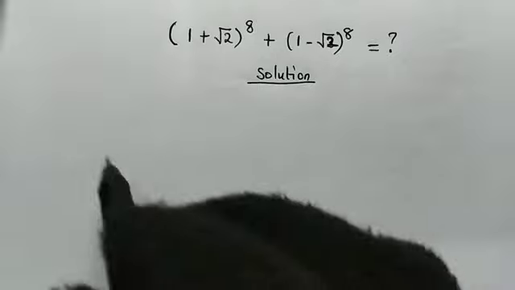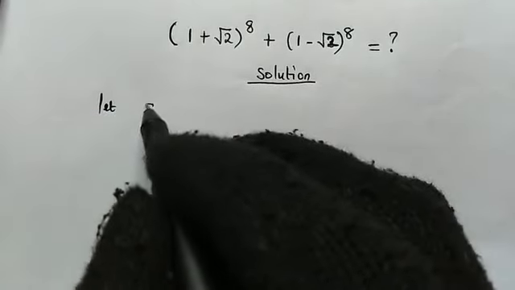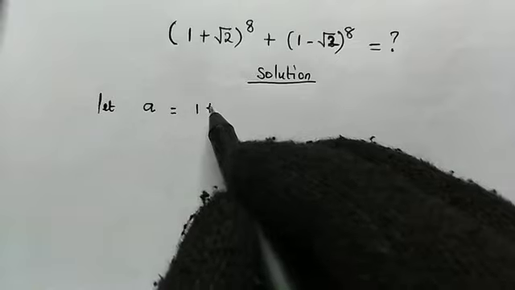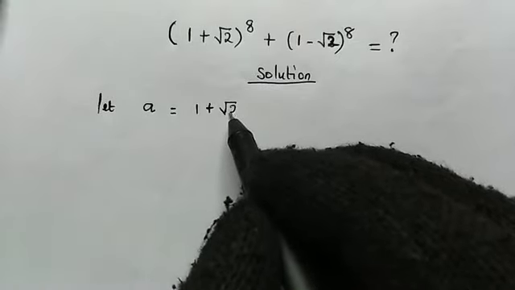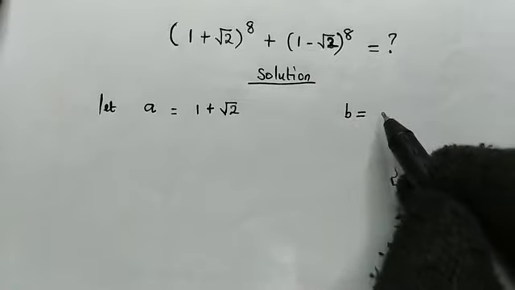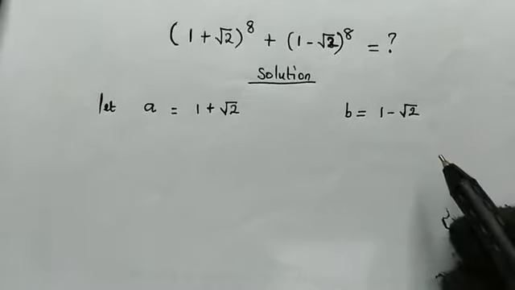We're going to let A equal 1 + √2, and we're going to let B equal 1 − √2.